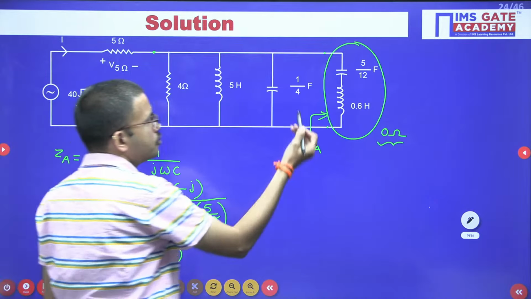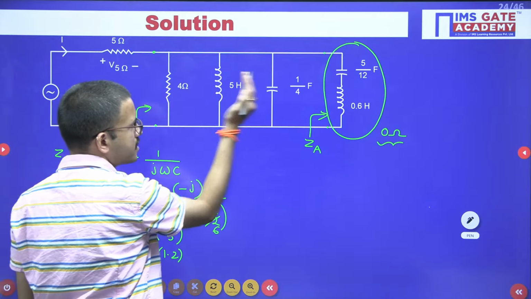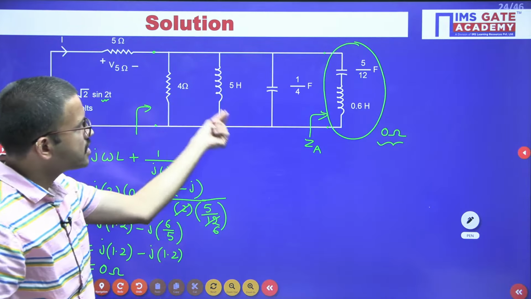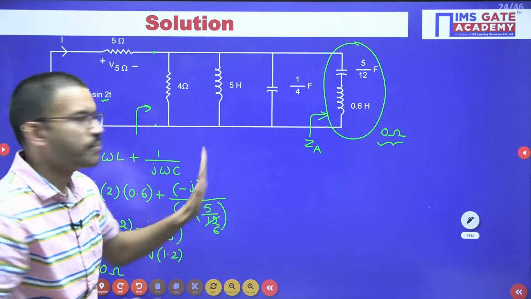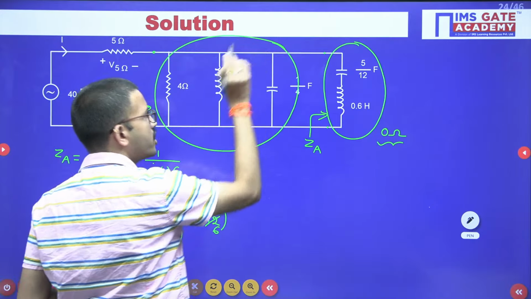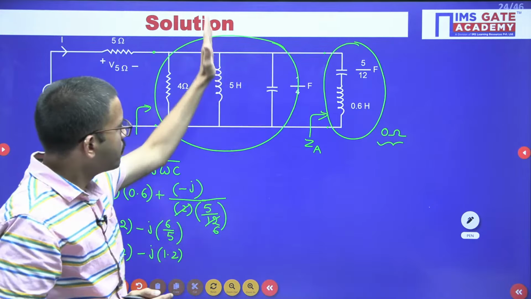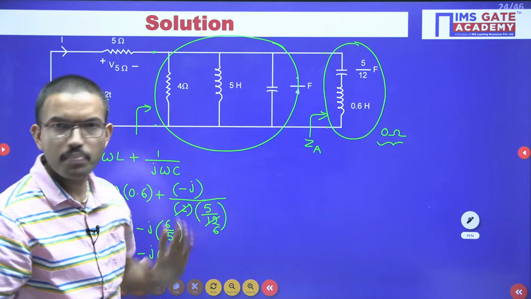See here you're having R, L, C. One is resistor, one is inductor, one is capacitor. If you want, you can find the equivalent impedance. You will get some value. So that means we are replacing this overall network with one single branch which is having some finite impedance.